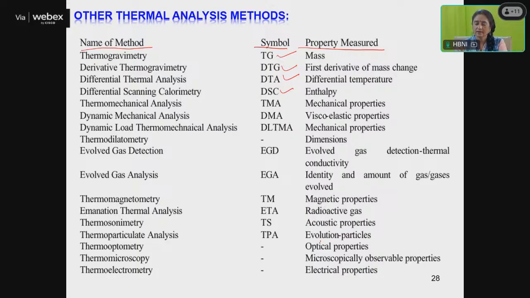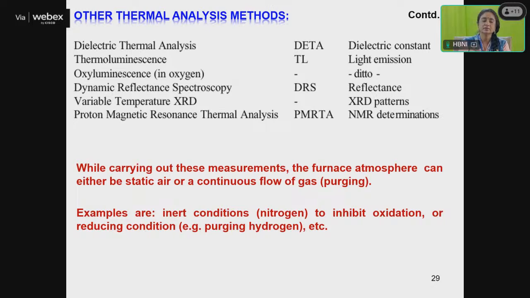Normally TG, DTG, DTA, DSC, and evolved gas analysis are very frequently used. The table has not ended here, it continues there. You can just have a look at it.